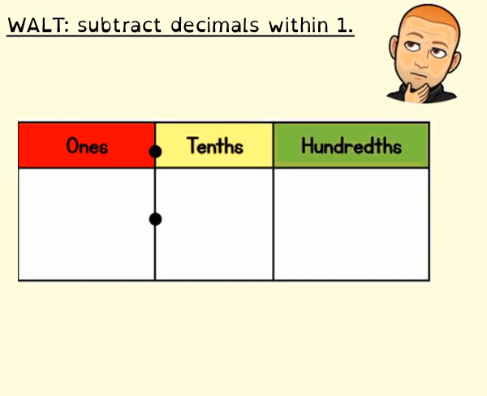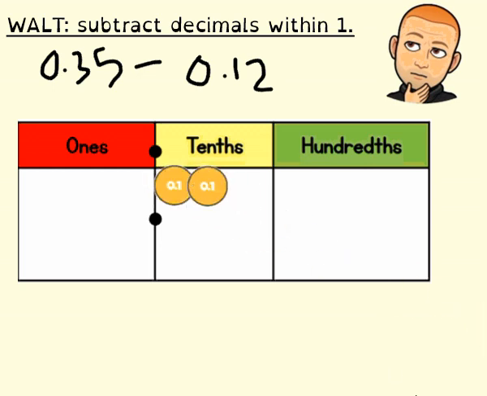The example I'm going to model for you is 0.35 subtract 0.12. Let's start by representing 0.35 in my place value grid. I've got 0 ones, 3/10 I need, and I need 5/100.